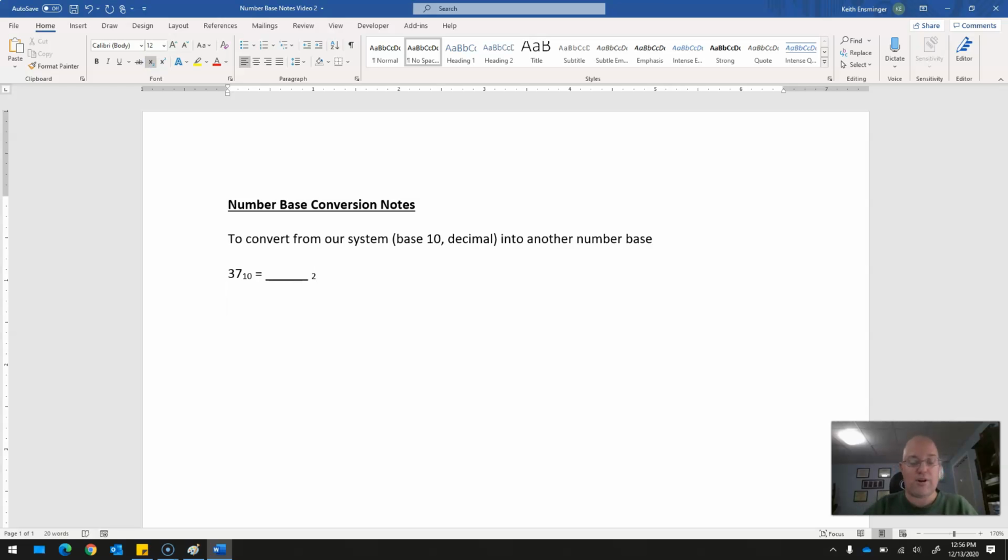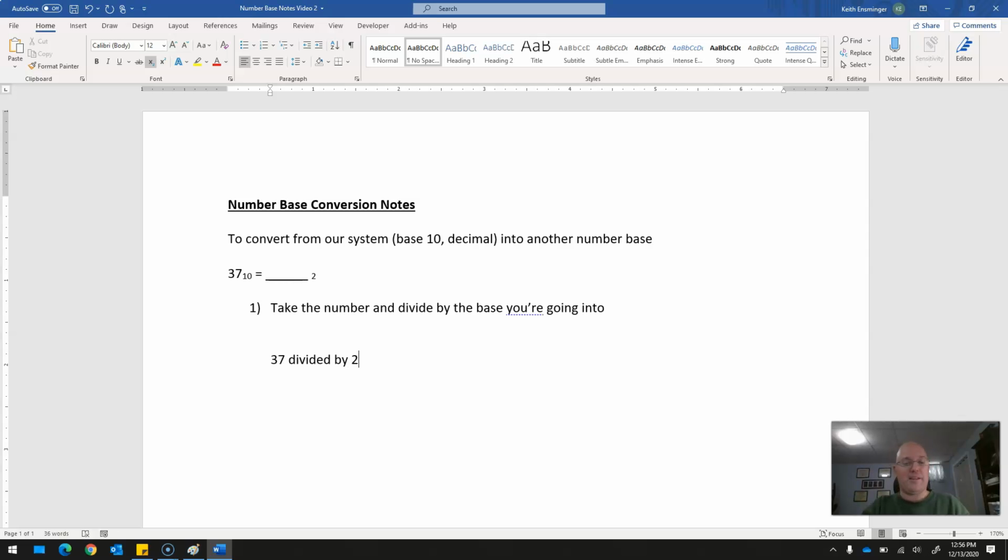That's the question we are going to figure out. Here's what we do. First step, take the number and divide by the base you're going into. So 2. What is 37 divided by 2?